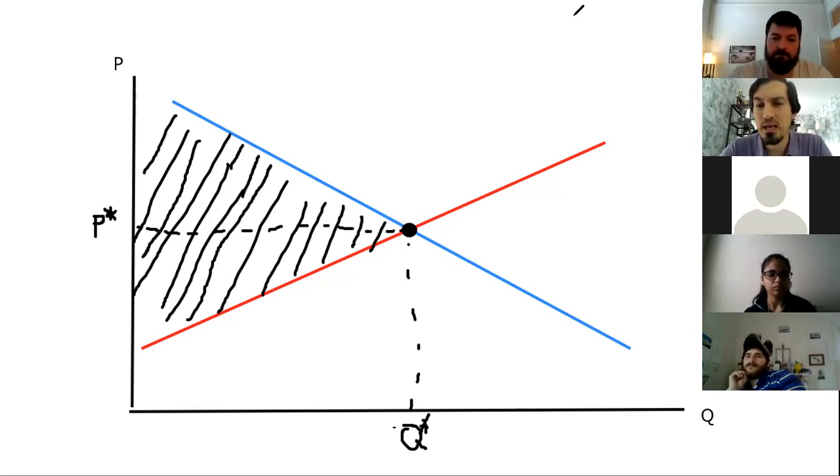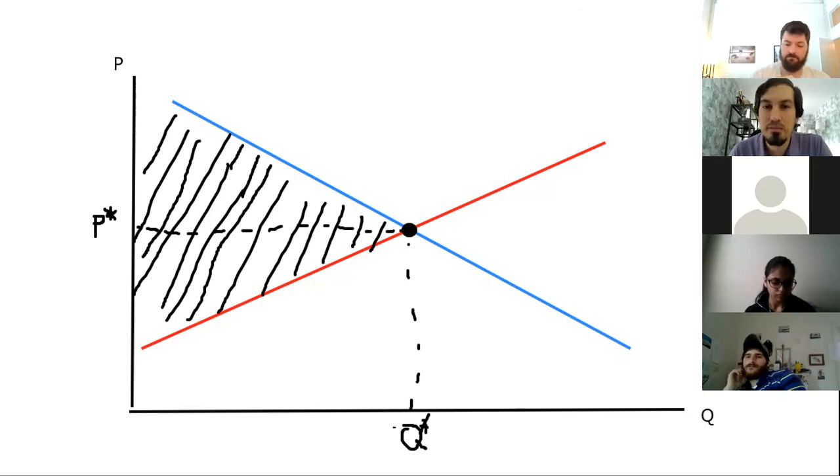How would you add an externality? Some of you have seen this before. This is the S for the supply curve. This is the D for the demand curve.